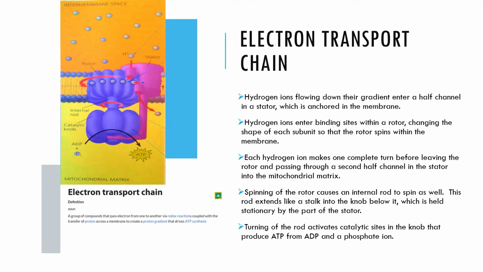And there are specific catalytic sites, meaning there's parts of this rotor where reactions happen, and by the time this thing makes its complete rotation, an ADP is able to pick up a phosphate ion to make ATP, and that energy is used for anything the cell could possibly need energy for.